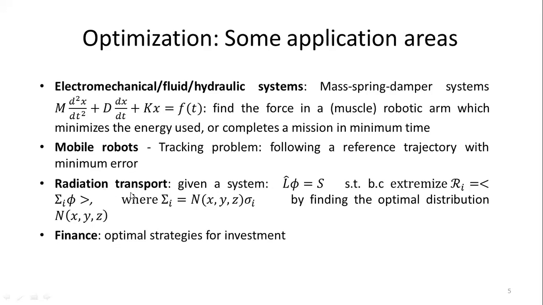You could use it in radiation transport systems where, as I just mentioned, the Boltzmann equation L phi is equal to S is a constraint, and you could use the boundary conditions to extremize some reaction rate of interest, sigma I phi, where capital sigma, the macroscopic cross-section, is the product of the number density, the spatial distribution of the atoms or material or mixtures such as water, steel, fuel, multiplied by the microscopic cross-section sigma I.